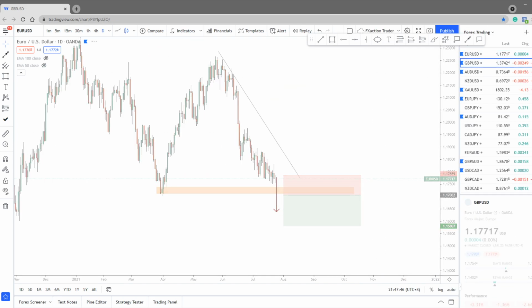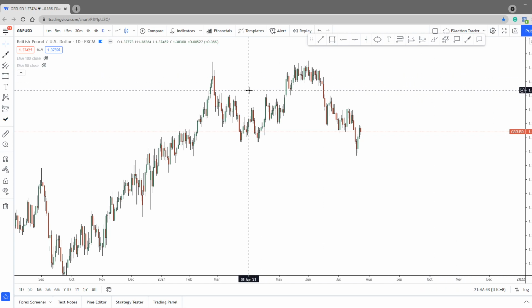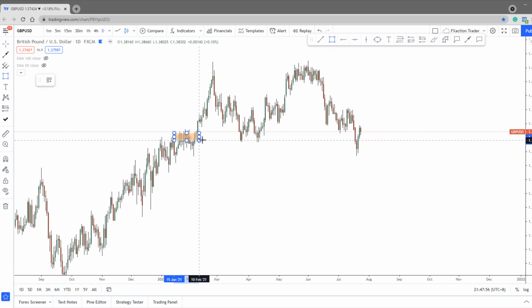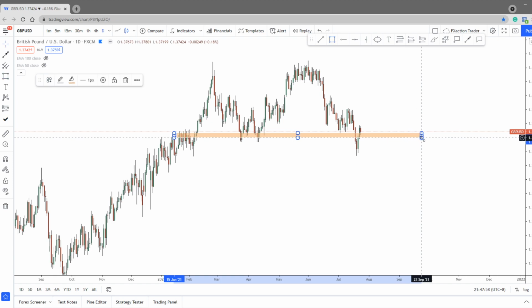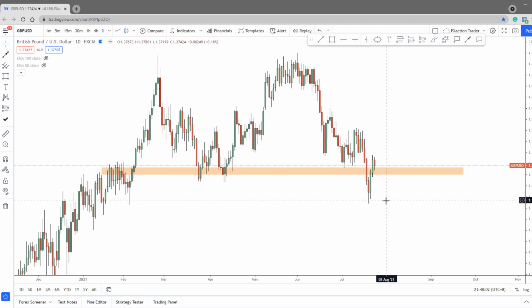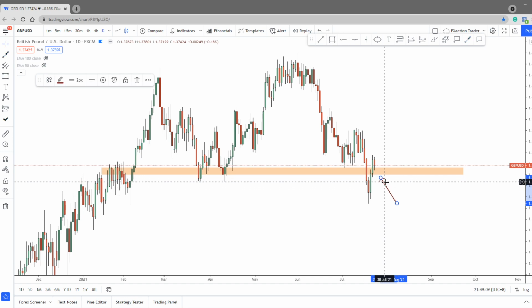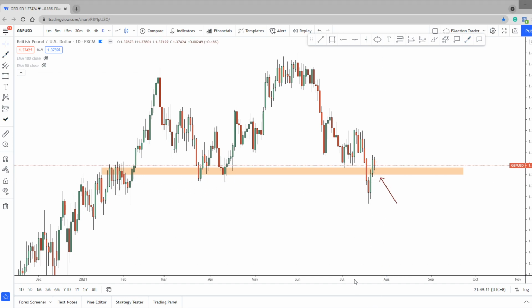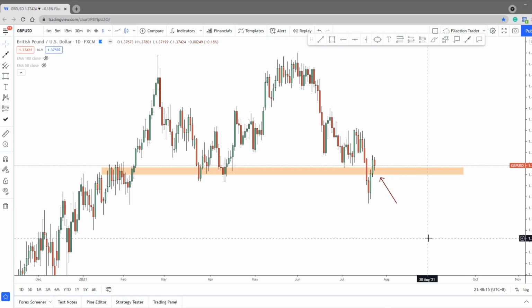All right, let us go to the next pair, the Pound Dollar. On the daily chart, we can see that the market broke this support level last week. But after this breakout, the market immediately entered back into this support zone with strong bullish momentum.